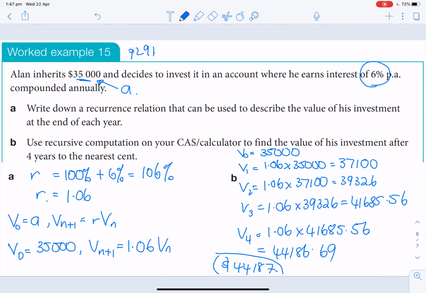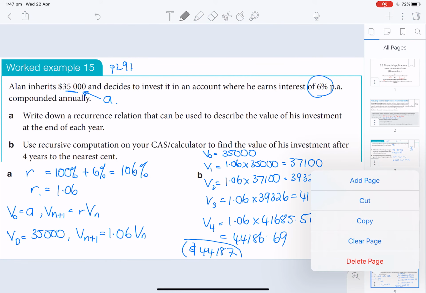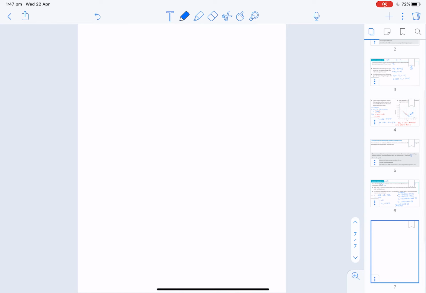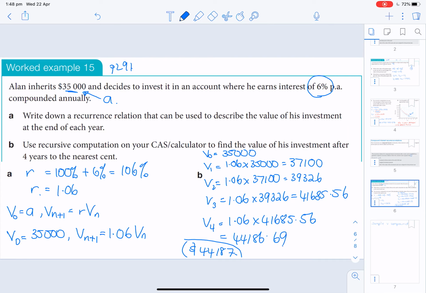Now what I'm going to do is add another page, and quickly compare simple versus compound. From the previous slide, 44,187 after 4 years.